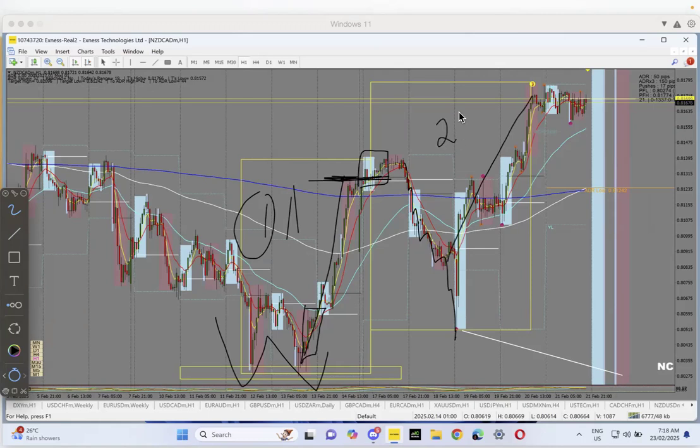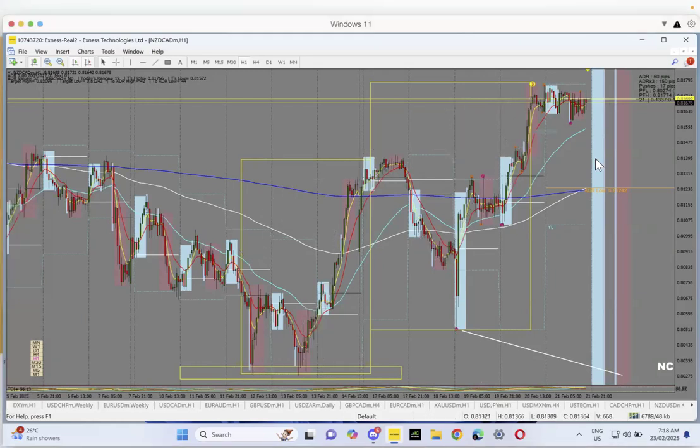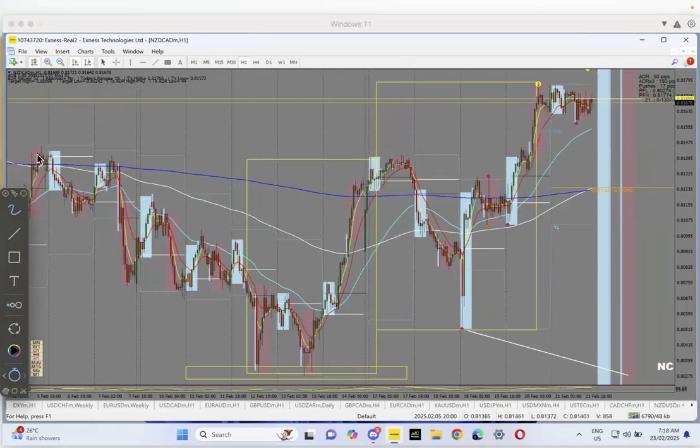I can say this is my level 2, or I can say, okay, level 1 was removed and this remains my level 1. But whichever way, the market is supposed to go up. Now, how is it going to go up? Then I look for key areas. So key area number 1, you can see right here.